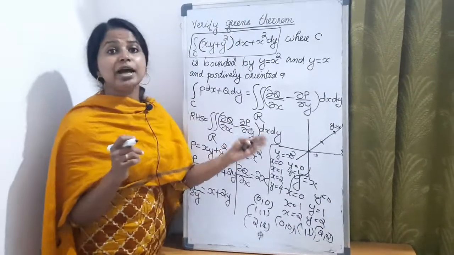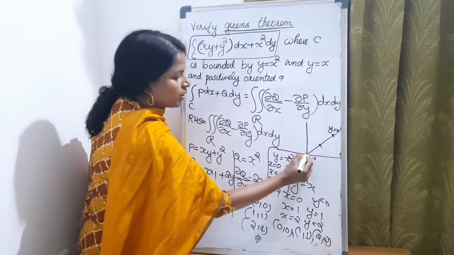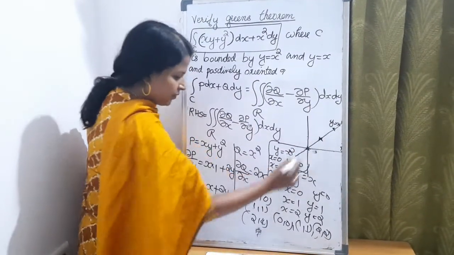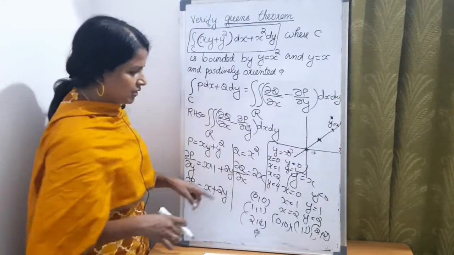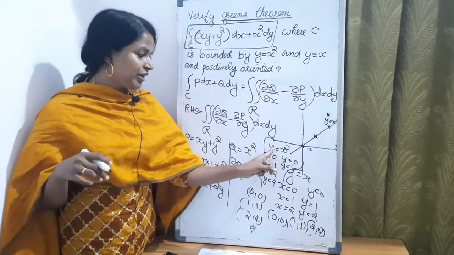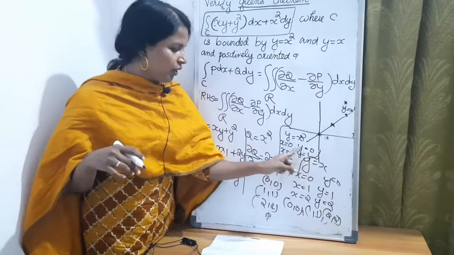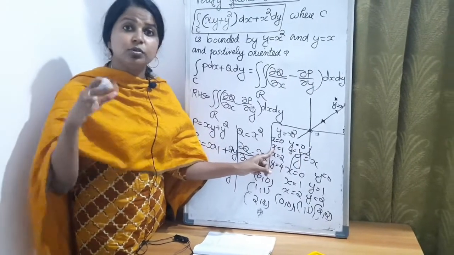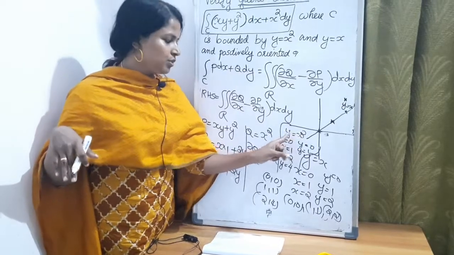This is the parabola. So this is (0,0), (1,1), and the next point is (2,4). Similarly, we get points for negative x values. If we take x equal to 0, we get y equal to 0. Then x equal to minus 1, y equal to minus 1 square, which is positive 1.